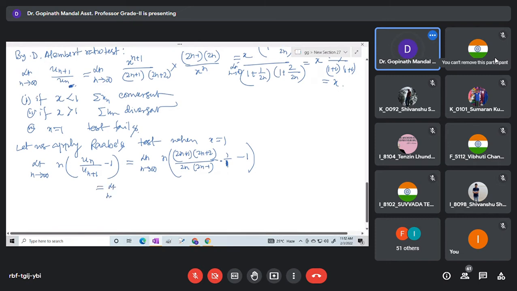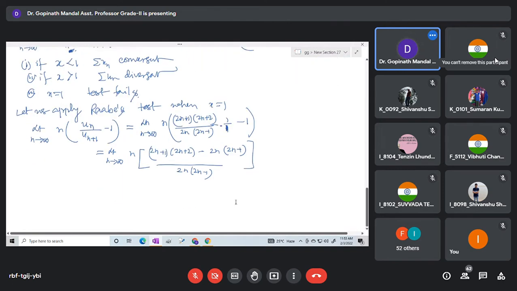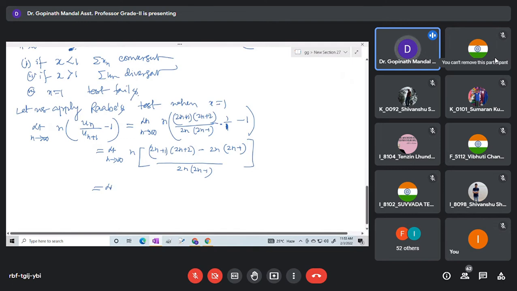So limit n tending to infinity, n into 2n plus 1, 2n plus 2 minus LCM is 2n into 2n minus 1, so 2n into 2n minus 1. So limit n tending to infinity, this will be 8n plus 2 by 2n into 2n minus 1.